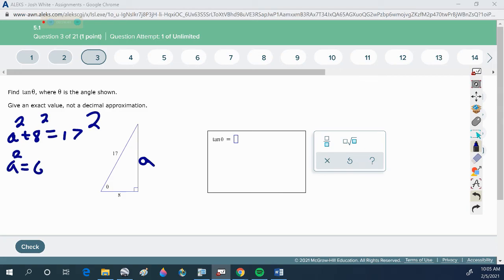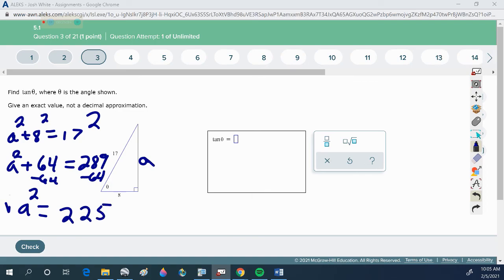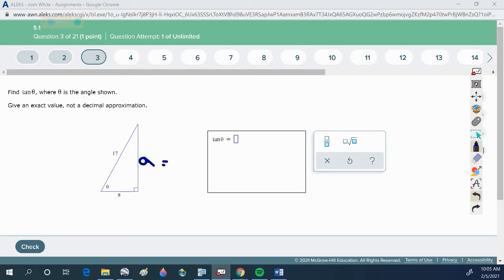A squared plus 64 equals, what's 17 squared? 289. Then I subtract 64. And that gives me 225. When I take the square root, what is the square root of 225? Not 5, it's 15. So A is 15.